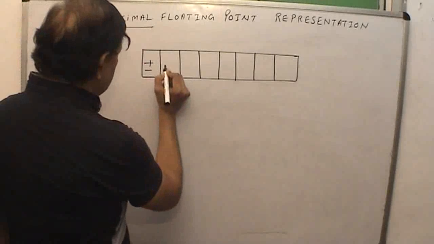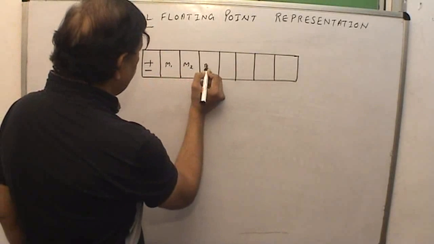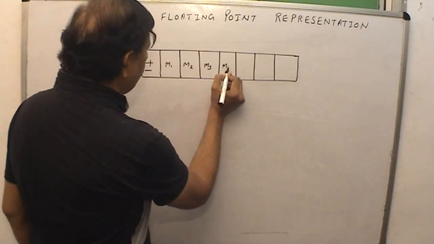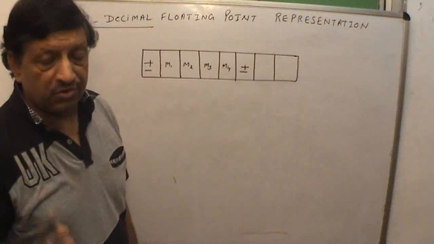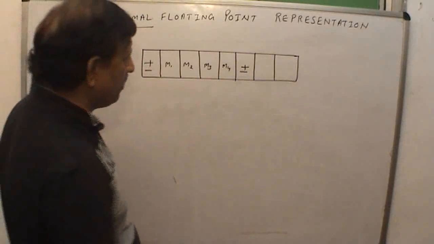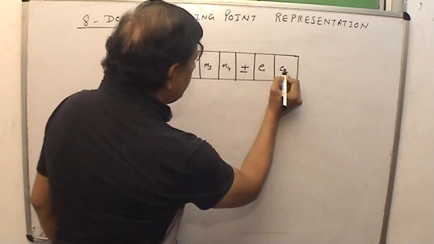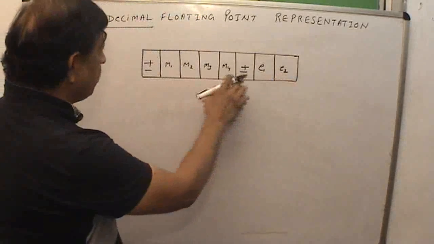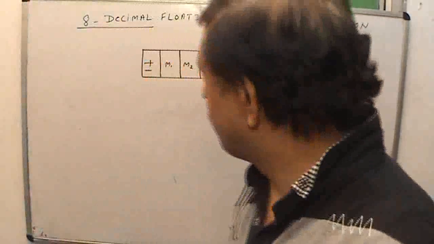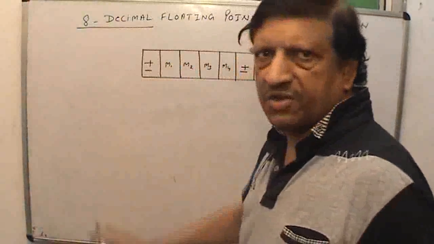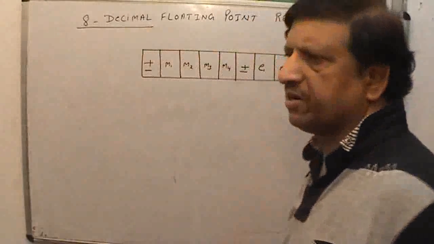These 4 places are for the mantissa, M1, M2, M3, M4, and again this place is for the sign of the exponent, and here we write the exponent, E1 and E2. It is the standard presentation of any digit in the 8 decimal floating point representation.